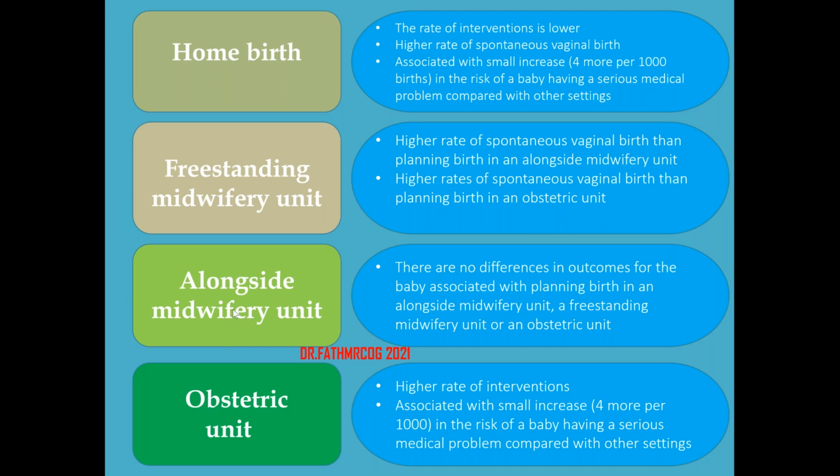And alongside midwifery units, which, as we said before, are beside or close to the obstetric units, maybe in the same building, there is no difference in outcome for the baby associated with planning birth in alongside midwifery units, freestanding midwifery, or obstetric units. And in obstetric units, there is a high rate of intervention, such as instrumental birth or cesarean section, and a small increase of 4 more per 1,000 in the risk of the baby having a serious medical problem compared with other settings.